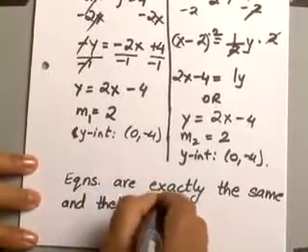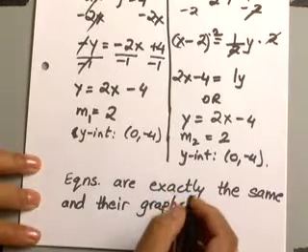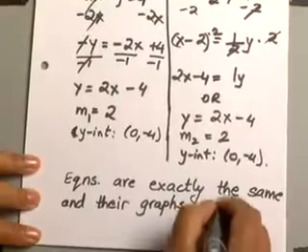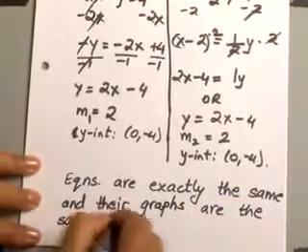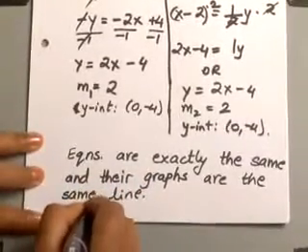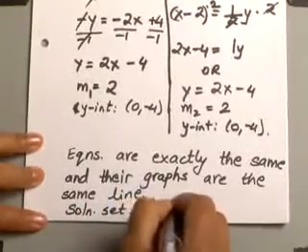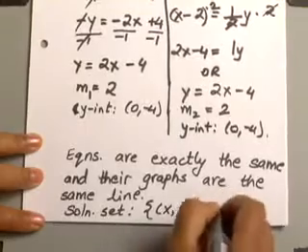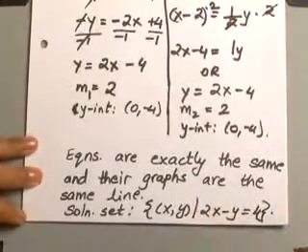And then we said when you have the same line as your graphs, that tells us we have infinitely many solutions. So your solution set will be, again, remember, we use the set builder notation for these sort of equations, and you use any one of the two equations for your solution set.